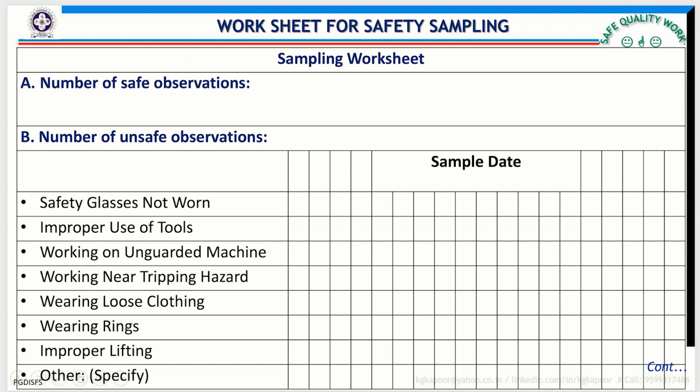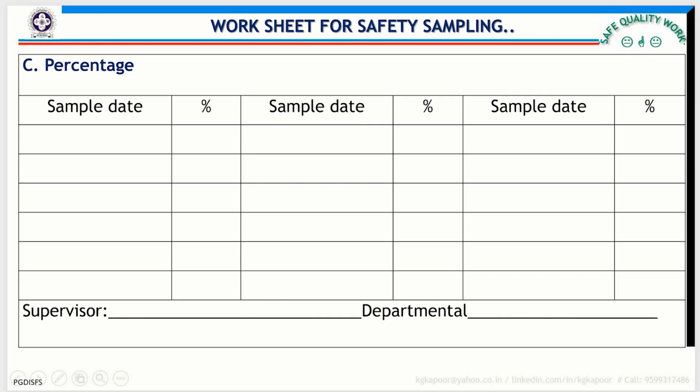The date of the sample shall also be recorded, that is, the date on which a particular activity is found unsafe is recorded in this sampling worksheet. Then we find out the percentage. The summary can be presented to the top management. Hence, there will be the signature of the supervisor and the name of the department.